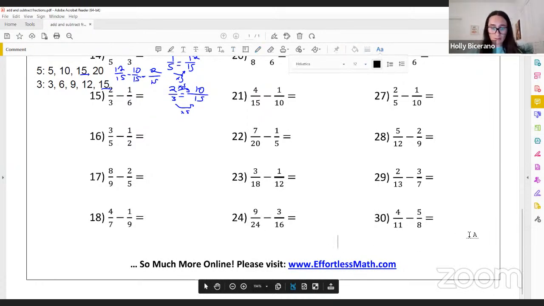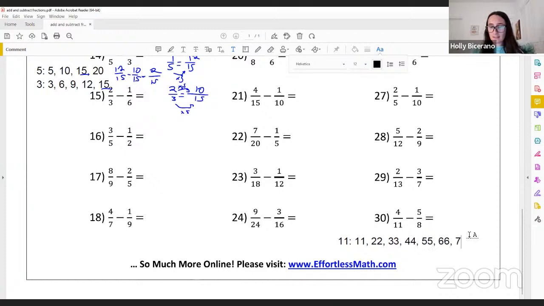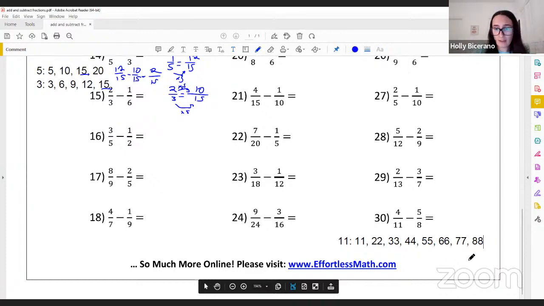So let's make a list of the 11s. 11, 22, 33, 44, 55, 66, 77, 88. And then we should notice, without even making a list of the 8s, that of these, 8 only goes into 88. So the LCD is 88.